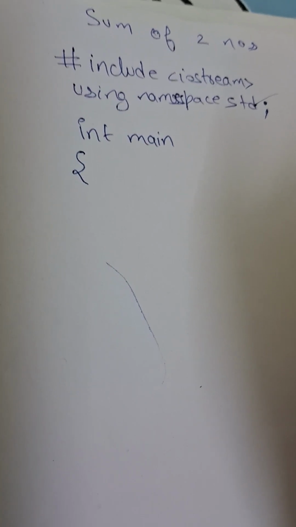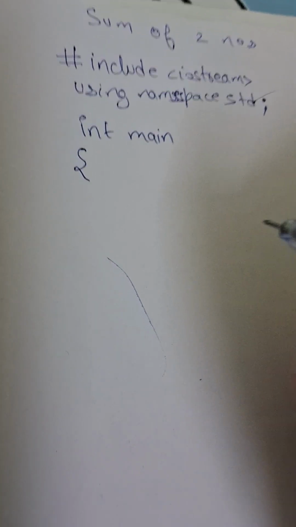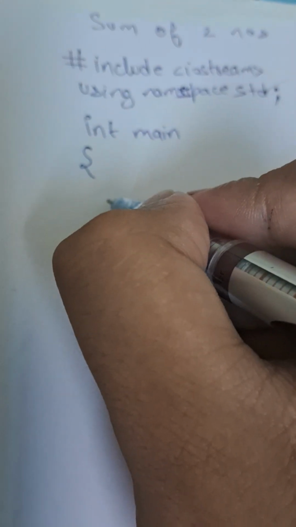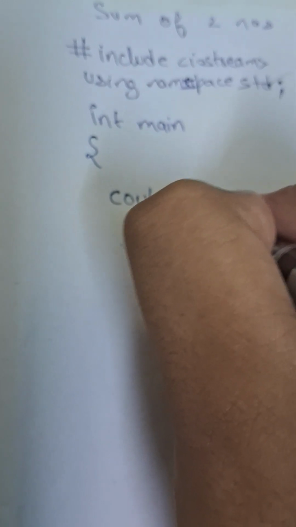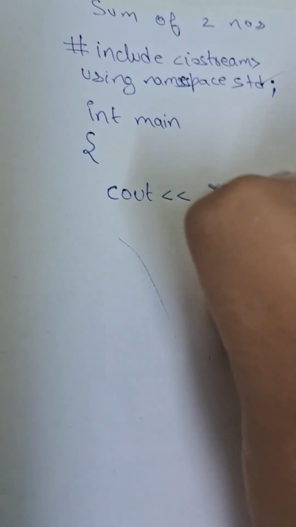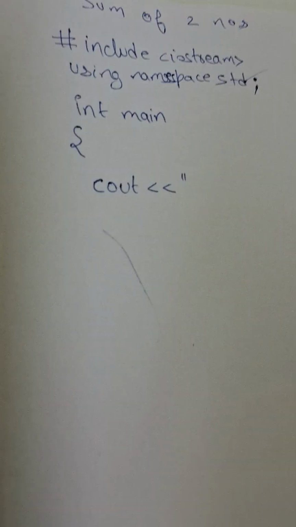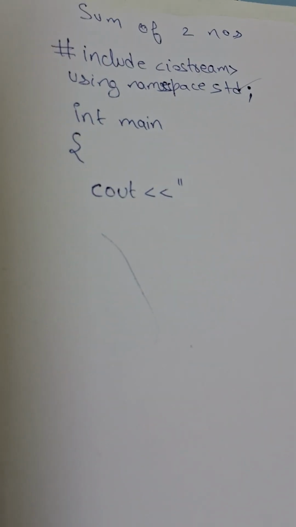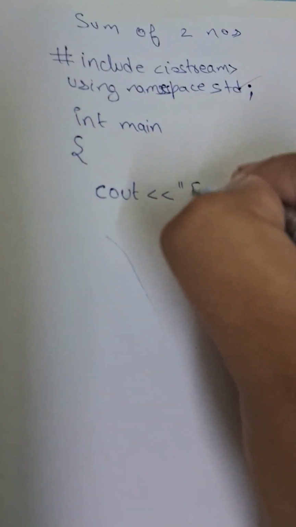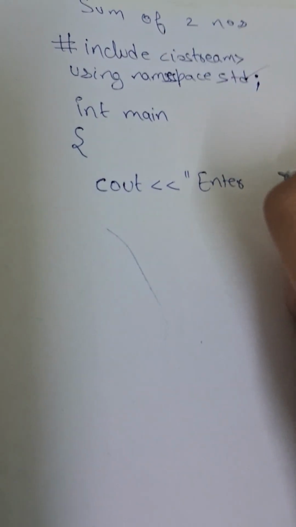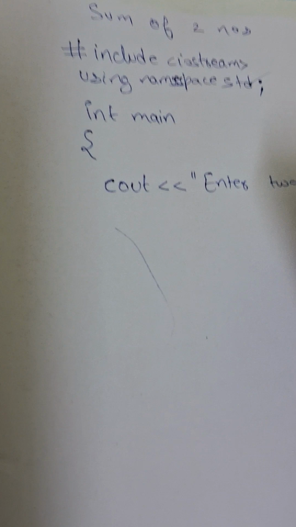How do we print it? We use cout and the insertion operator. After that, double inverted commas, and we write enter two numbers, let's say.